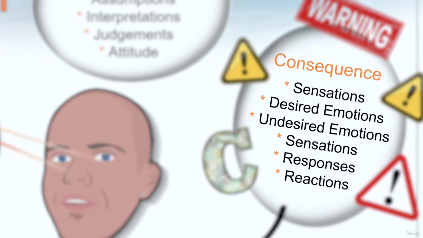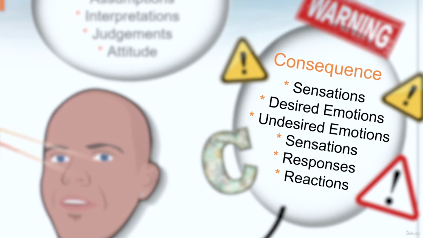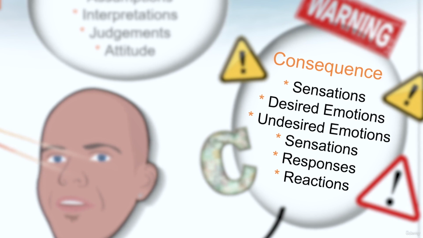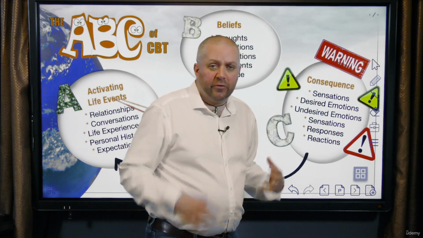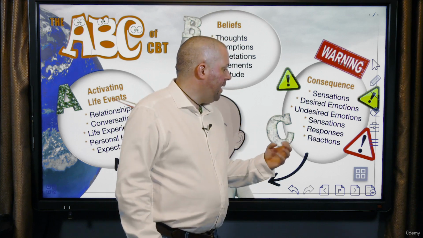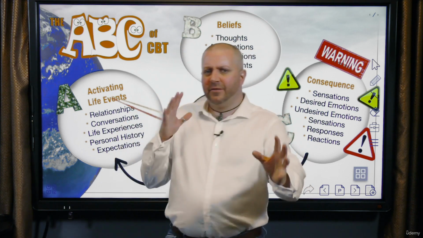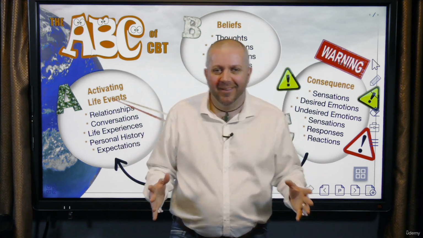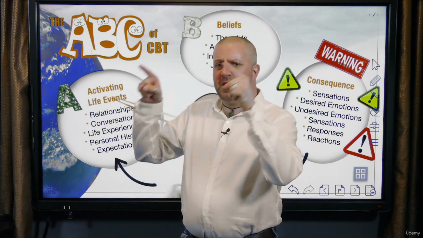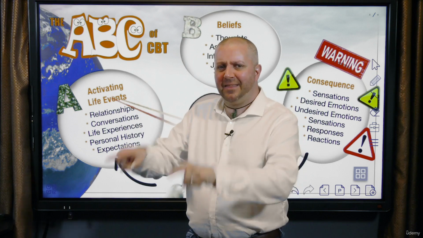So when we have a sensation, if we have a feeling, an undesired emotion, we get angry, or we perhaps get a little bit anxious or apprehensive or scared or livid or enraged or something like this, we respond or react or behave in a certain way. What do we do? Well, when we're not aware of ourselves, we say, that person made me feel like this.